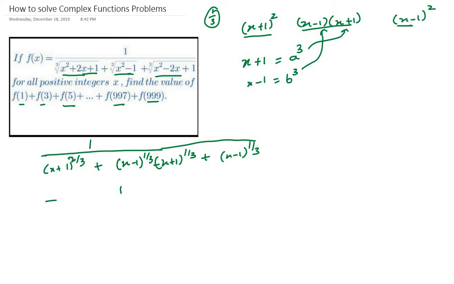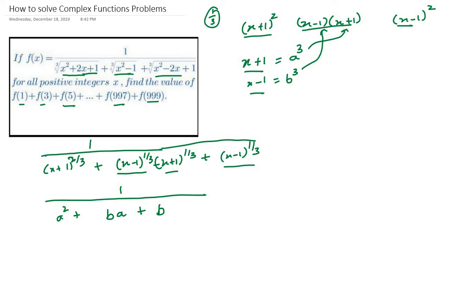If we put these values from here, the first term will become a square, the second term will be b times a, so ba, and the third will become b square. So it's quite a simplified form.